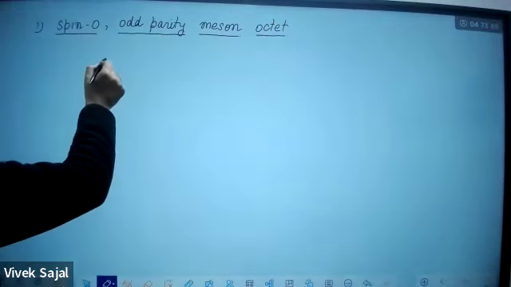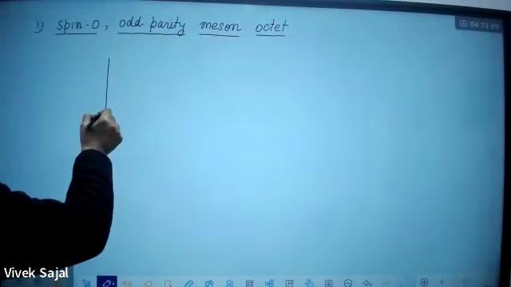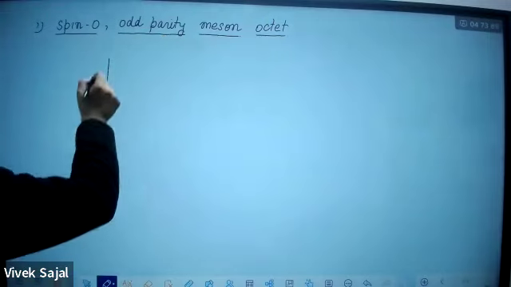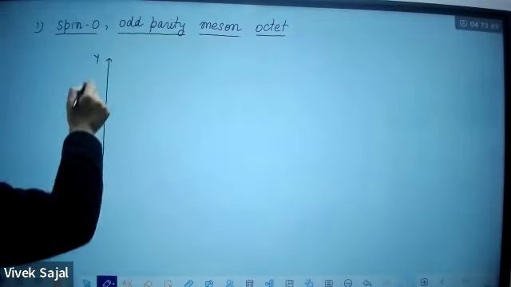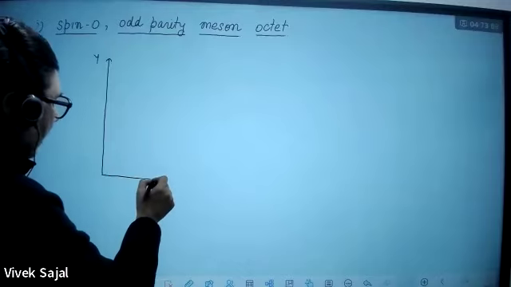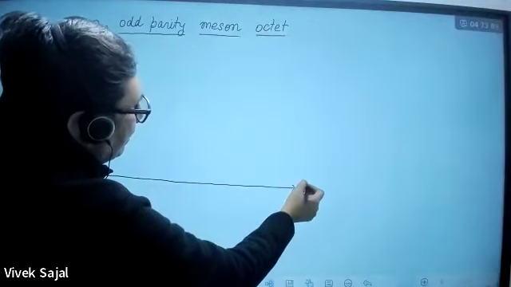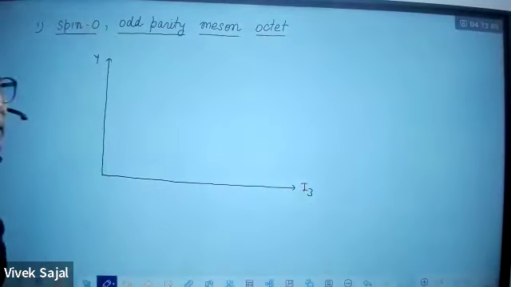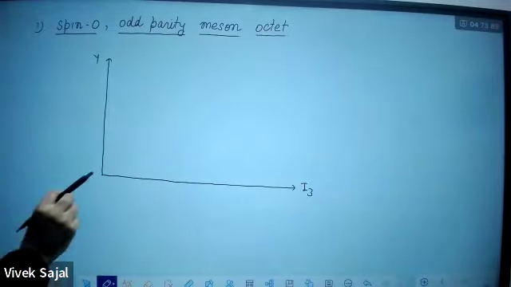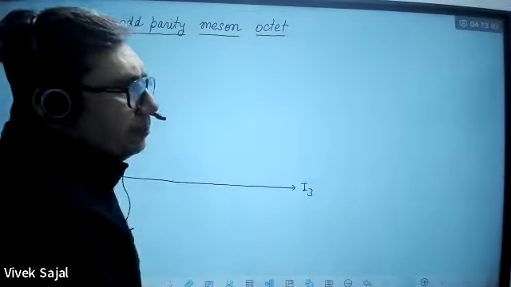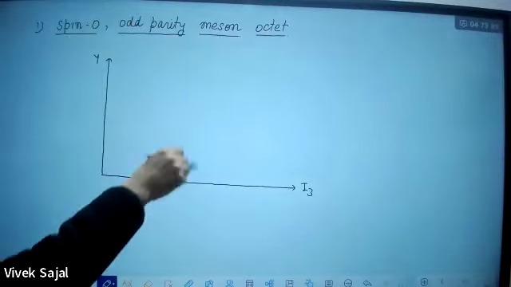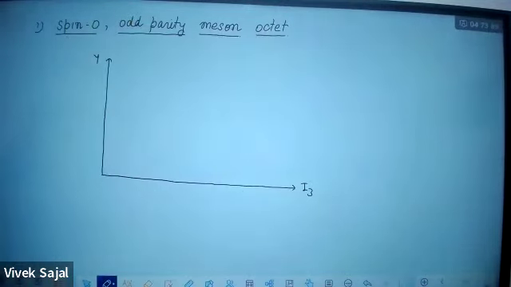So for this purpose, on the y-axis they are having Y number, hypercharge, and here they are having I3. They are going to place each and every meson of this category on this chart. So on the y-axis you have hypercharge, and here you are going to have I3 number.